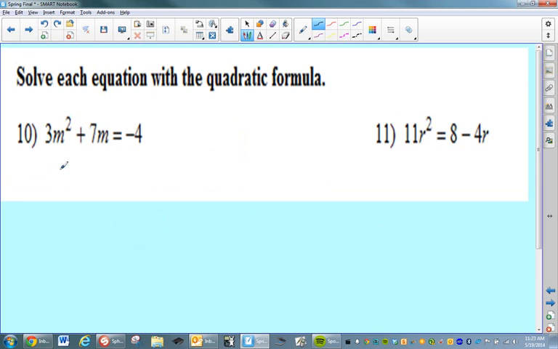So here I get 3m squared plus 7m plus 4 equals 0. Now that it's in standard form, I can actually use the quadratic formula.